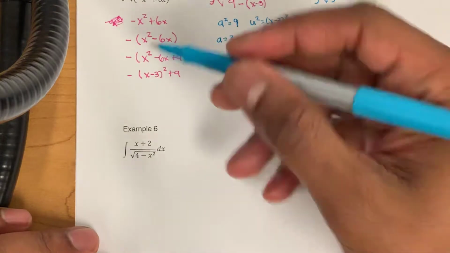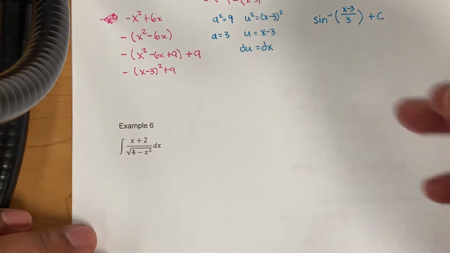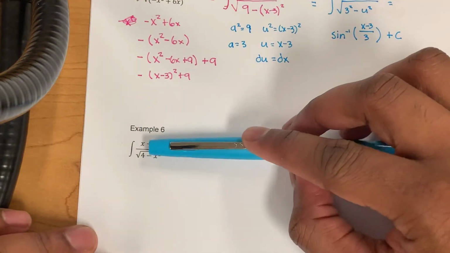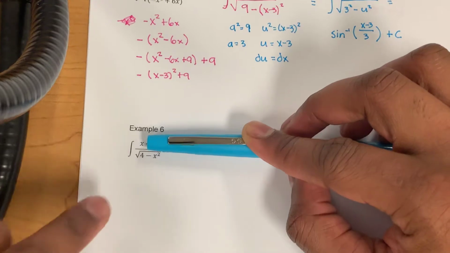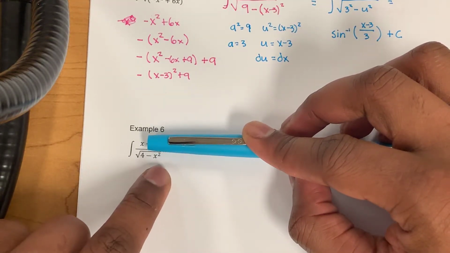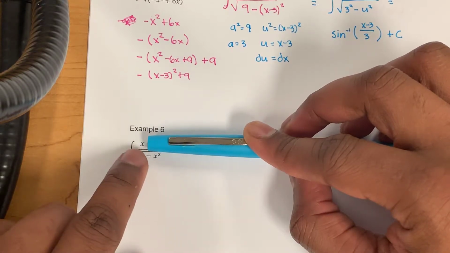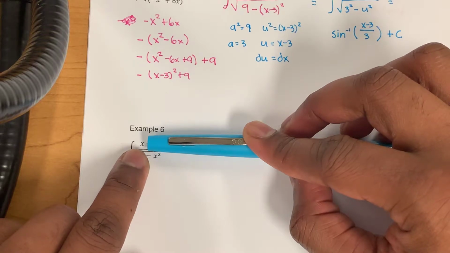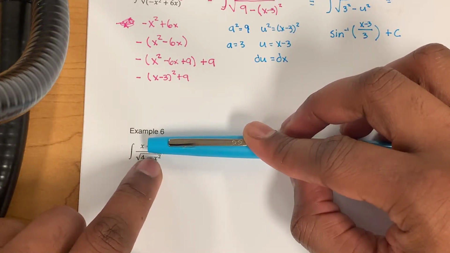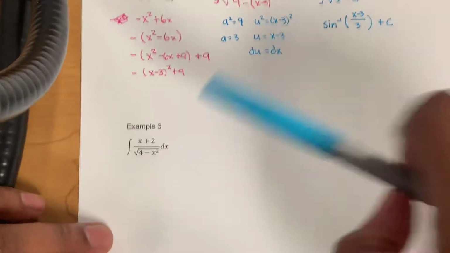If we didn't have the 2, then we could do this integral by u substitution. We could let u be 4 minus x squared, and the derivative is negative 2x. And so that allows us to get rid of the x. So if we can split this into 2 separate integrals, we can work on one using u substitution, the other using an inverse trig function.